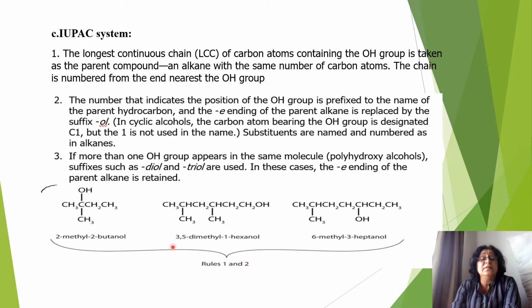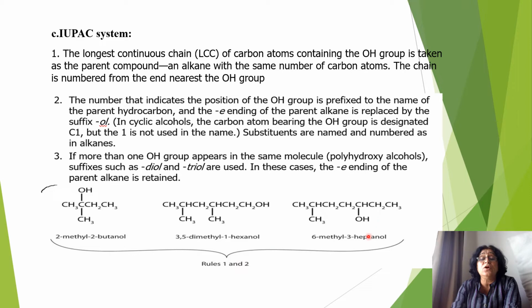Then this one, if you see, 1, 2, 3, 4, 5, 6. The longest chain contains 6 carbons, so the parent compound will be hexanol, and methyl groups are attached on the third and fifth positions. So 3,5 dimethyl 1 hexanol.